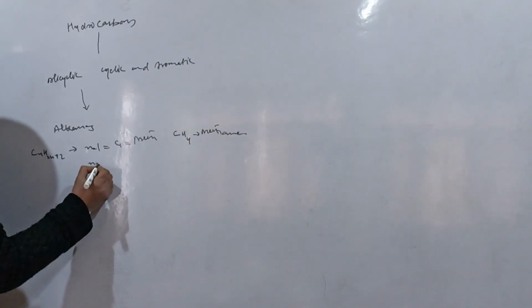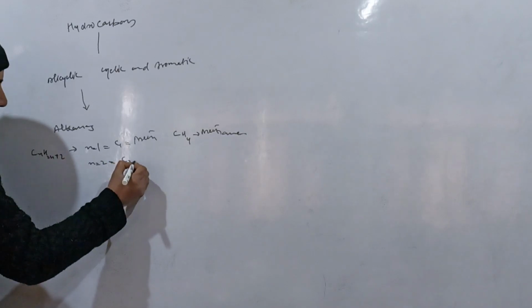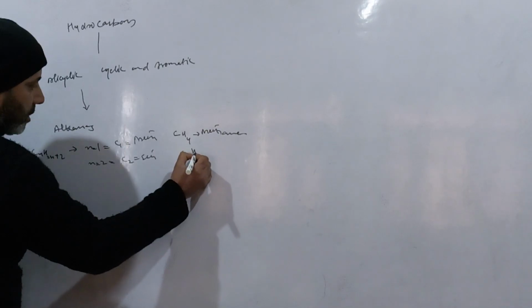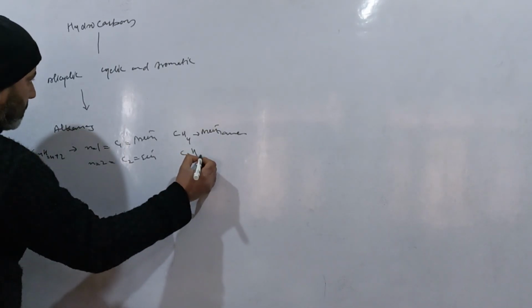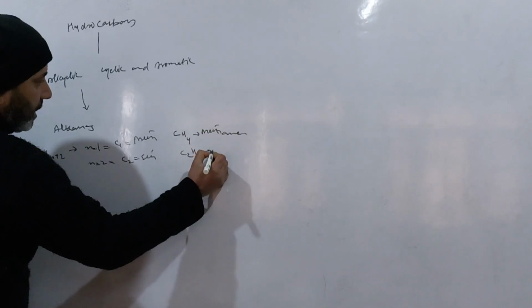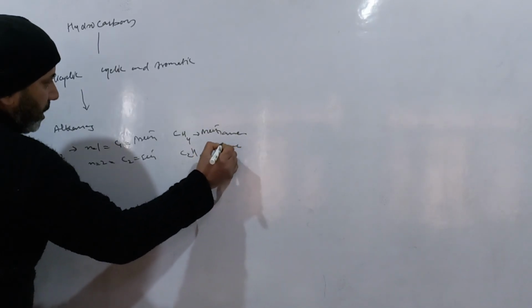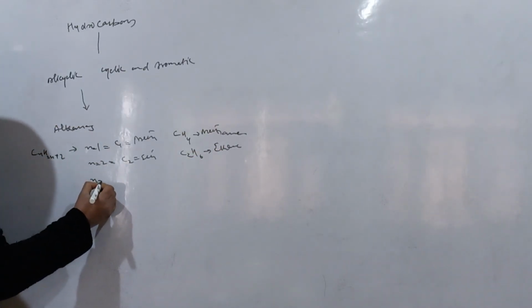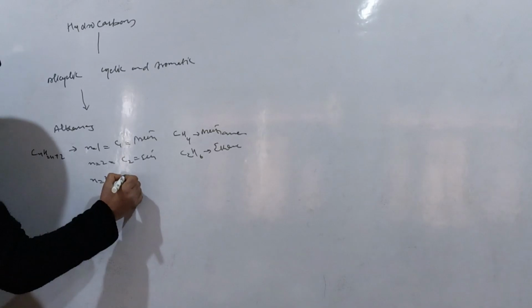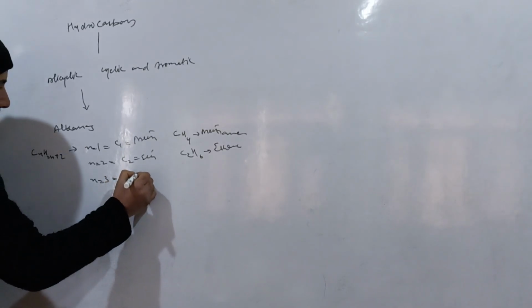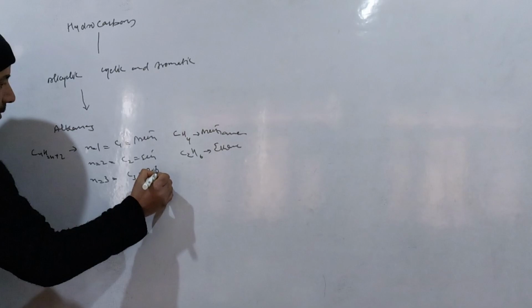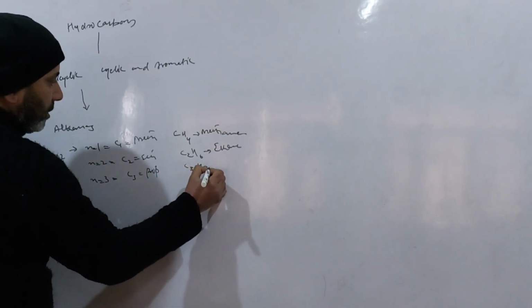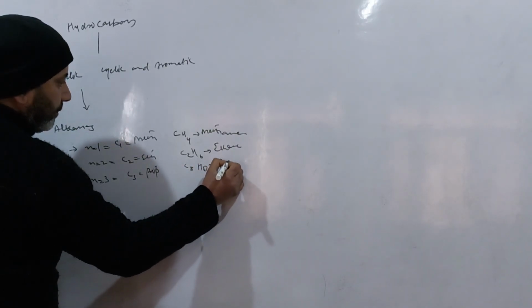Then n is equal to 2, that is C2H6, which becomes ethane. Then n is equal to 3, C3, meaning prop, and the formula becomes C3H8, propane.